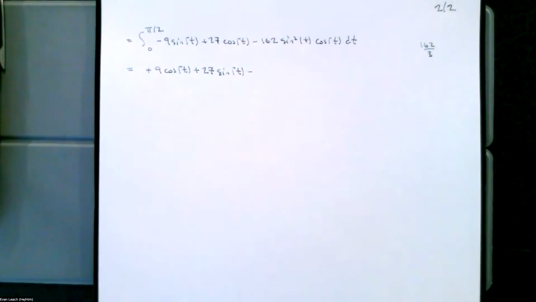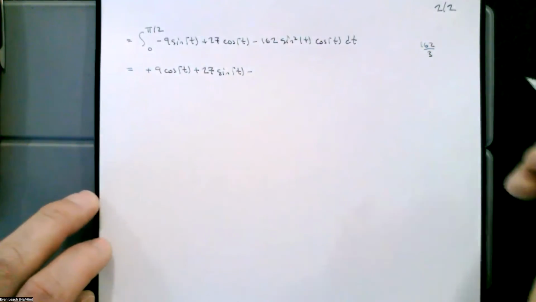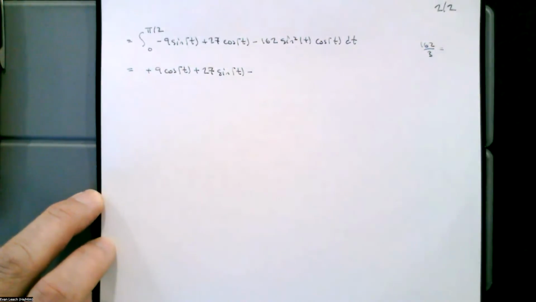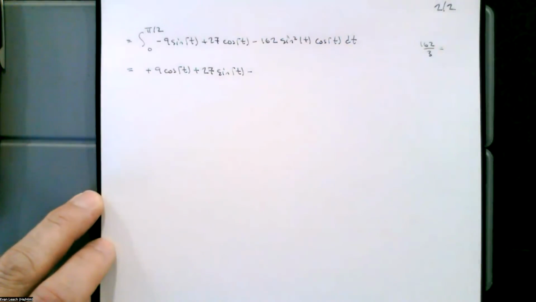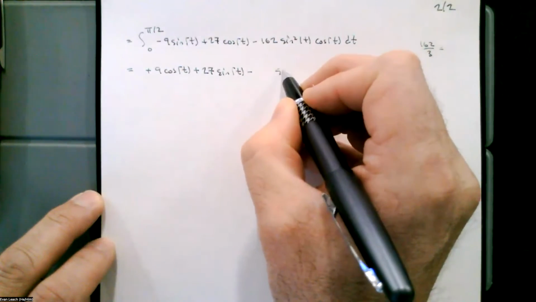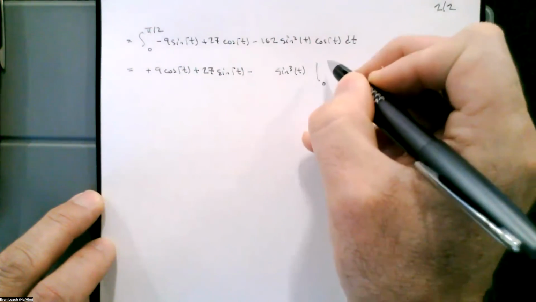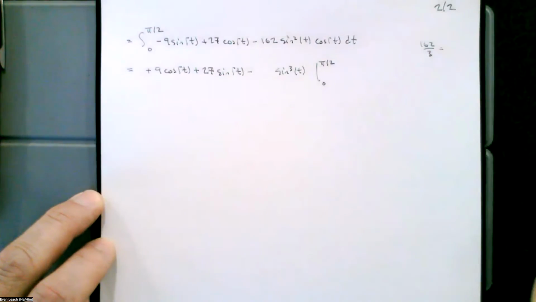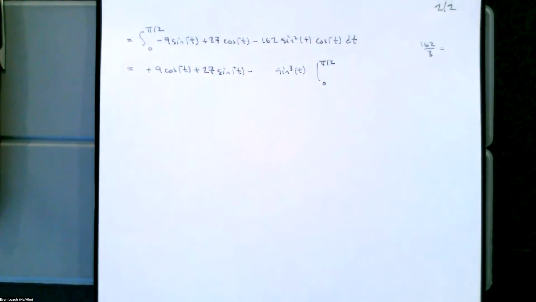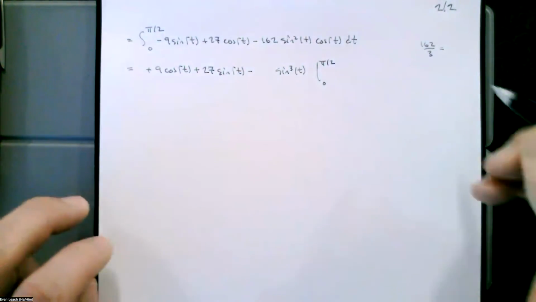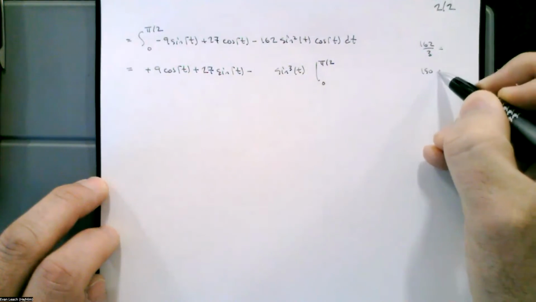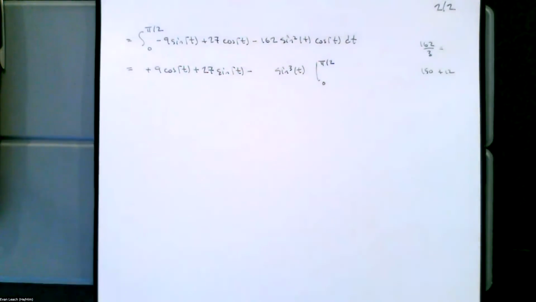Is 162 divisible by 3? Yeah, 6, 7, 8, 9. So what's 162 over 3? I should have left it at 150/12.